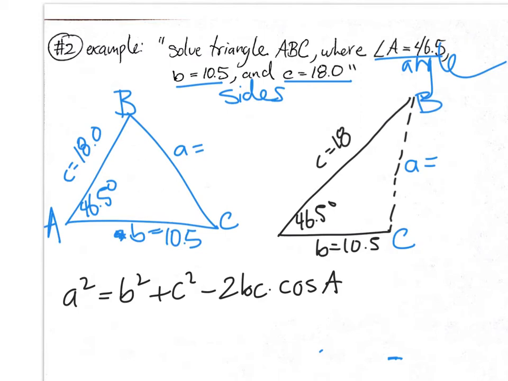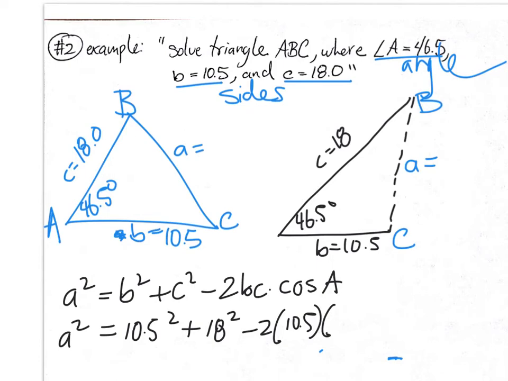So substituting in, a squared equals 10.5 squared, that's b, plus 18.0 squared, that's c, minus 2bc times cosine of A. A is in degrees, so make sure you're in degree mode.